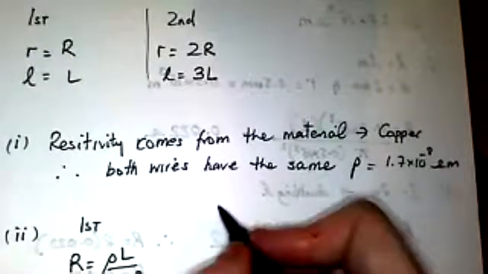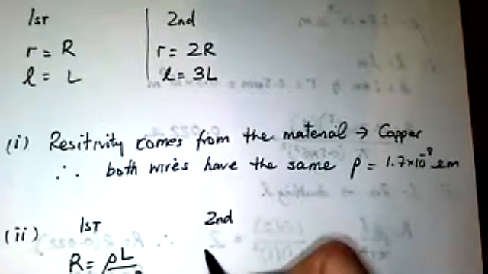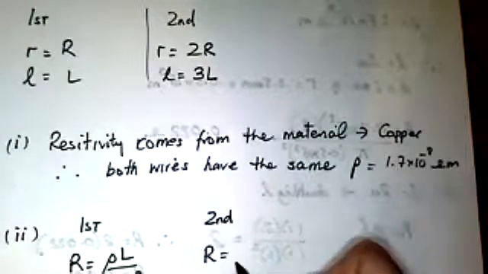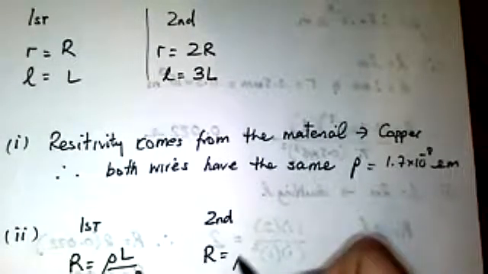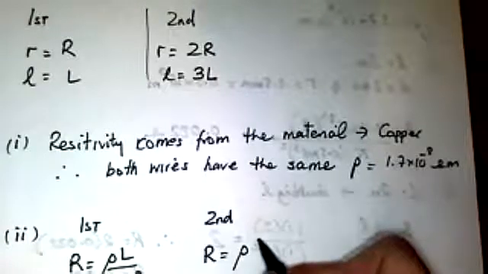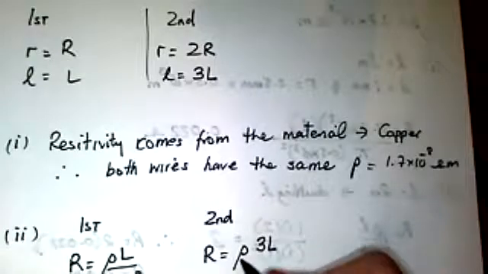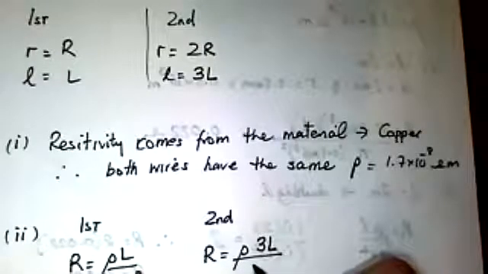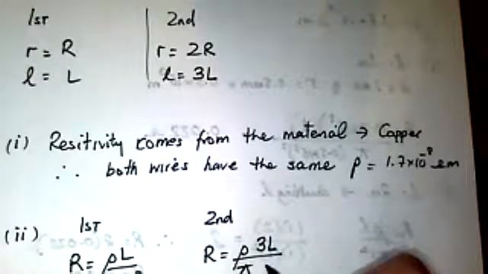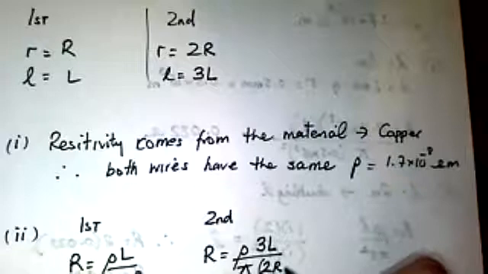The second still has the same resistivity, but it's got 3 times the length, and it's also got a radius of 2R, so that's going to be 2R, all of that squared.